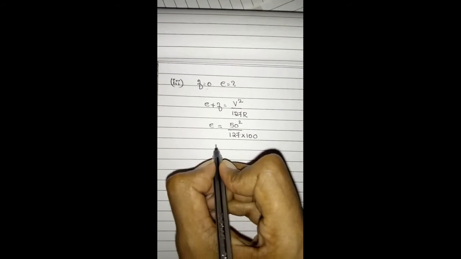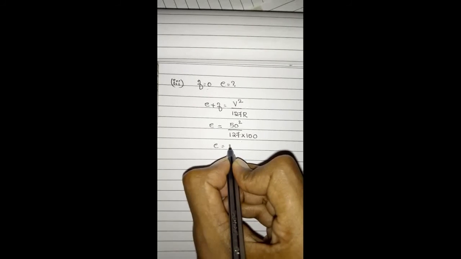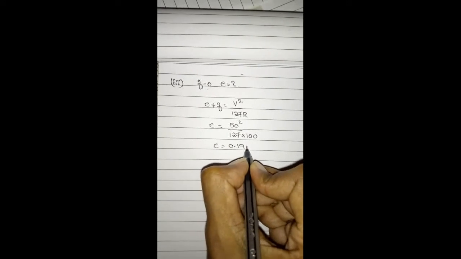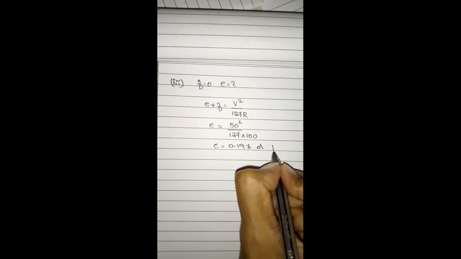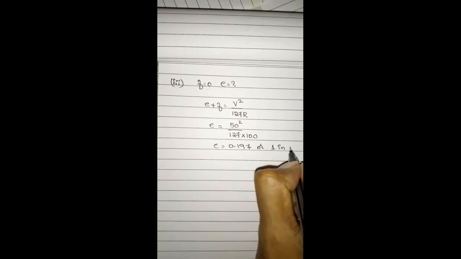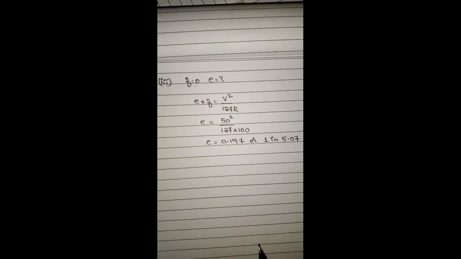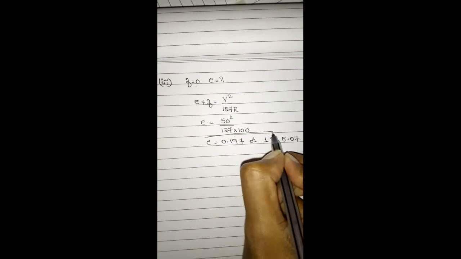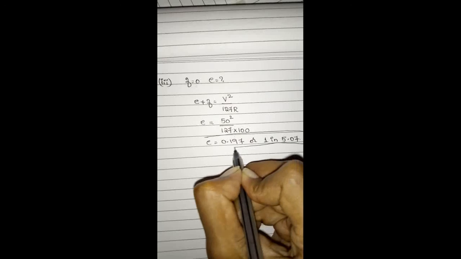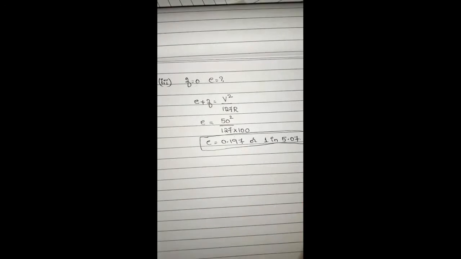So E value will become 0.197, or I can also write it as 1 in 5.07. So this is the value of E when there is no friction, that is coefficient of friction F is equal to 0.